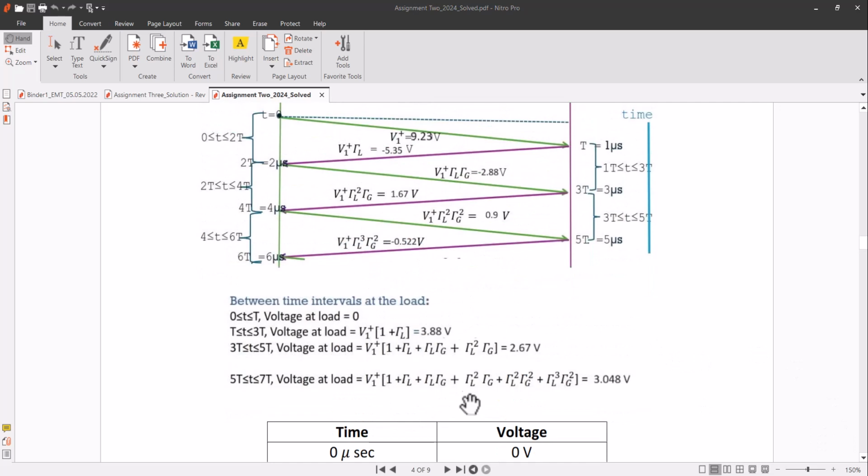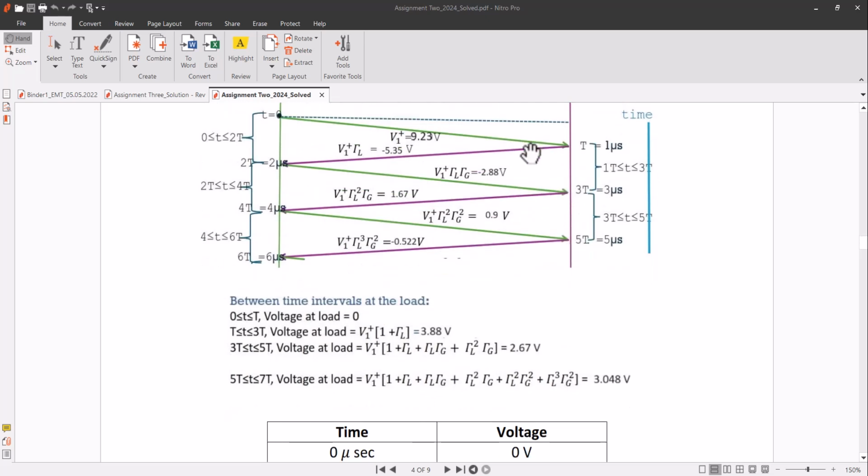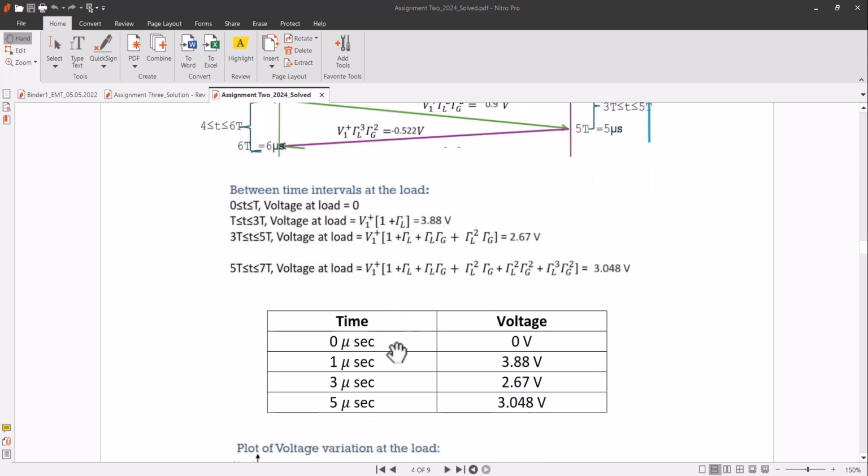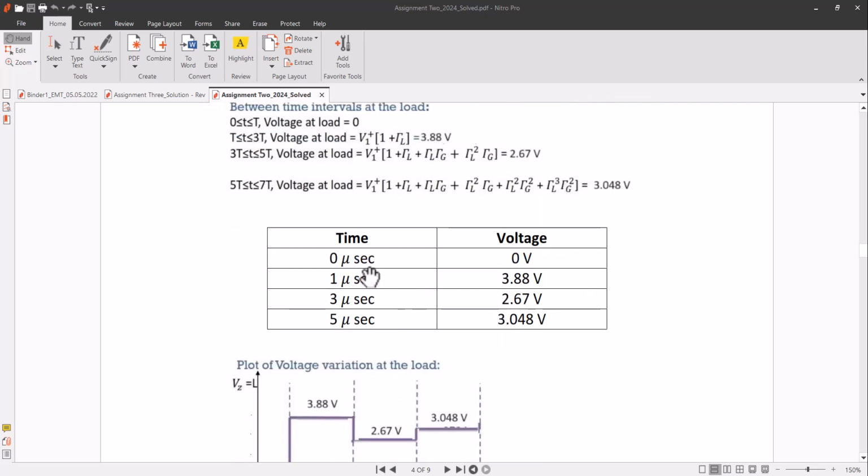So at 0 time we have 0 volt, at 1 microsecond we have the sum of these two voltages, at 3 microsecond we will have the sum of all these 4 waves, and at 5 microsecond we will be adding all of these 6 waves. So this is how we will be calculating the time and voltage. Now we will plot this: 0 microsecond, 1, 3, 5. So this is 1 tau, 3 tau, 5 tau.